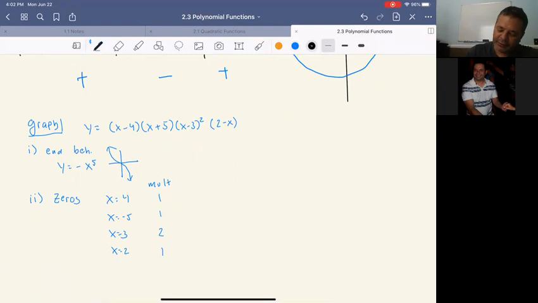Now we can go ahead and graph this thing. So, negative 5, 2, 3, 4. I wish I hadn't put those numbers so close together. Oh well.